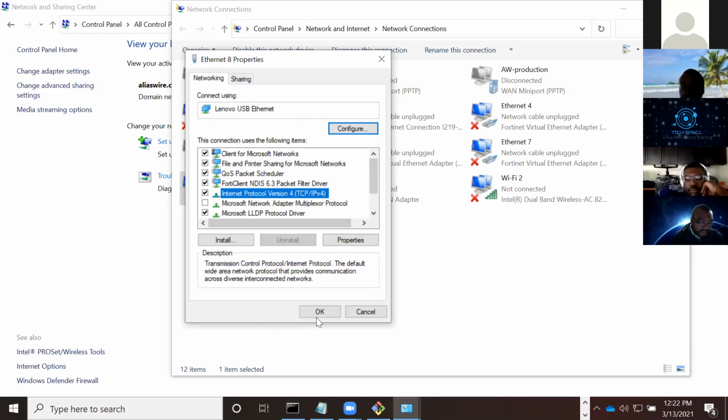Just click on it once. And can you guys see where it says properties? So I think Jonathan can uncheck the IPv6. So yeah, Jonathan, you can do that. Okay. And after that, you can always go back.